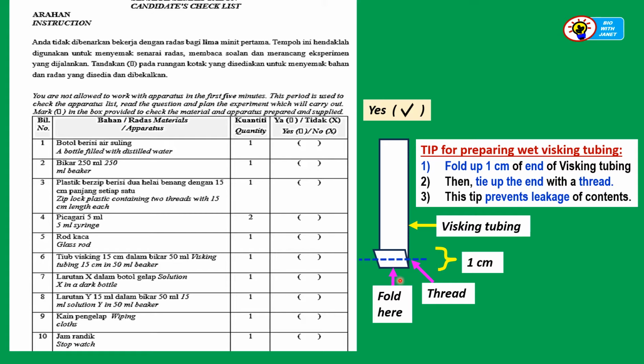Sometimes if you don't tie tightly, the contents can leak from the end. But if you fold it up first and then tie at the folded part, below the end of the whisking tubing, in this section here, then it can prevent the leakage of the contents of the whisking tubing.